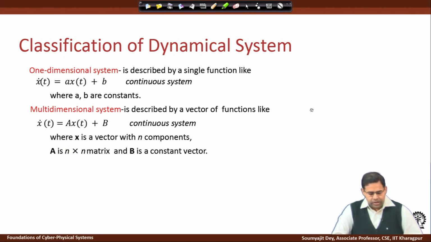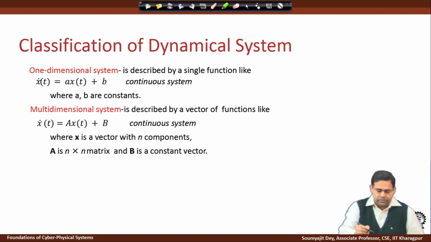So, the other classification we had was, suppose you have a very simple system, there is only one scalar variable of interest. So, it is a one dimensional continuous system. Typically what we have is a complex system with multiple continuous variables, and then you will have a multi-dimensional system where, if there are n components, then x is a vector of size n, and the way you will talk about the flow is this, where you have a constant part and a variable part.